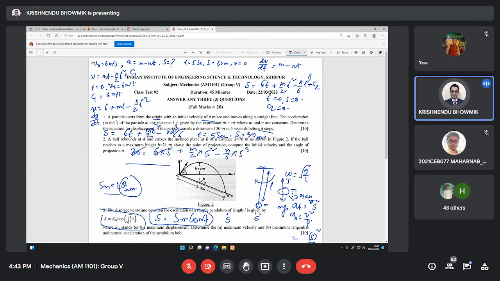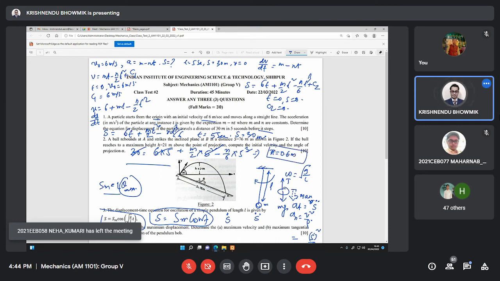The 30 will cancel out. Finally we get 10 by 6 m equal to 10 by 6 n, so n equal to 0.6 m.